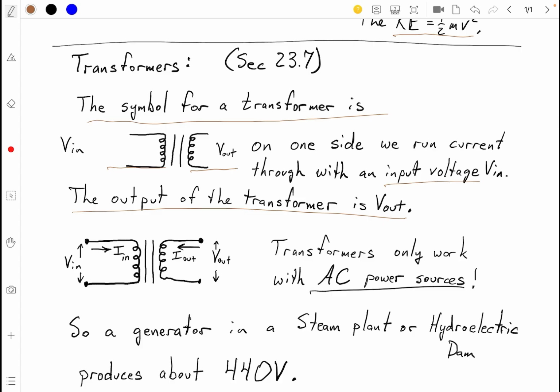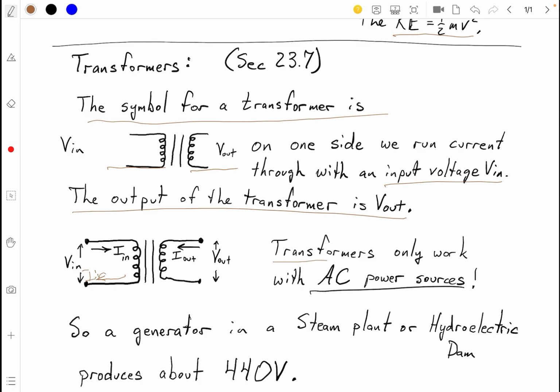We've got some input voltage and an output voltage. So that means that there's some current that goes in and out of this thing. Our V in has current I in, and then I in comes back out through that circuit. But on the other side of the circuit, it's got I out going with V out, okay?